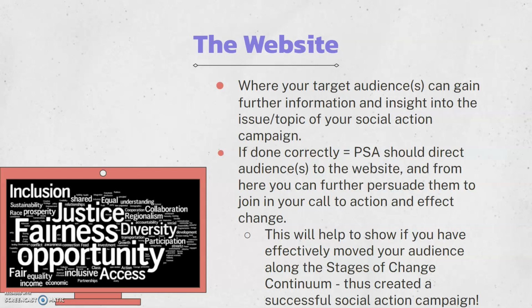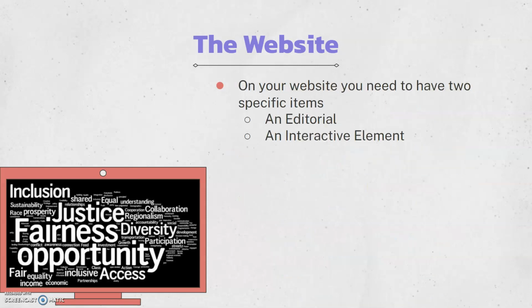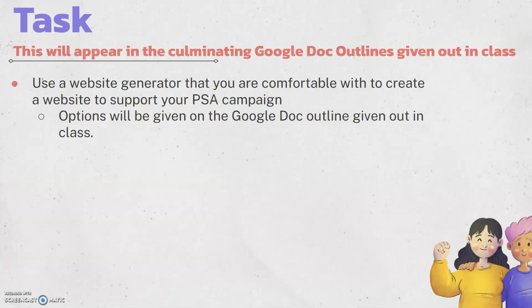So your PSA commercial or your PSA video should direct the audience to go to the website to find more information. This will help show if you have effectively moved your audience through that change continuum, thus creating a successful social action campaign. On the website that you will be handing in, you need to submit an editorial and an interactive element.